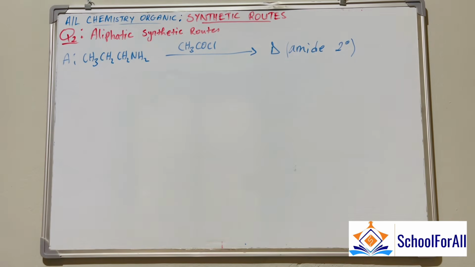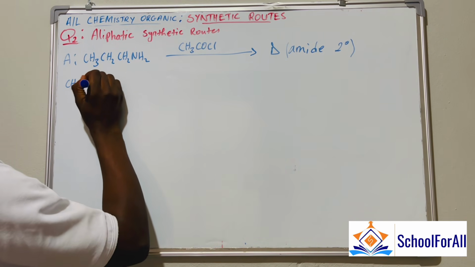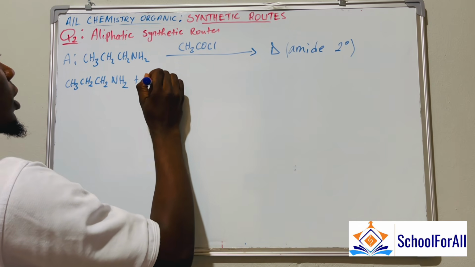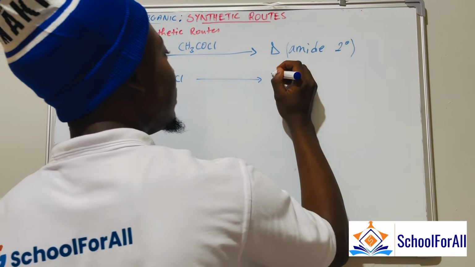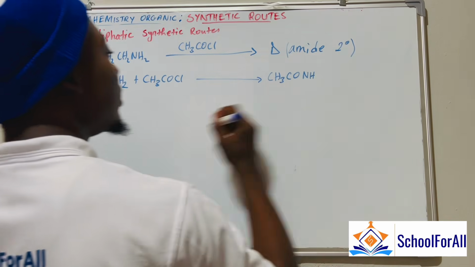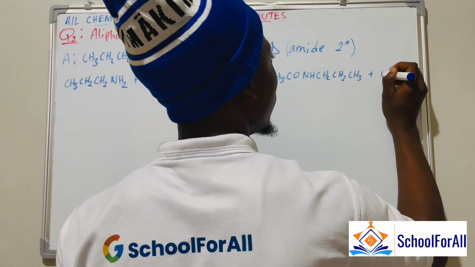So what happens during the reaction? I'm having CH3CH2NH2, which combines with CH3COCl to give CH3CONHCH2CH3 plus HCl.